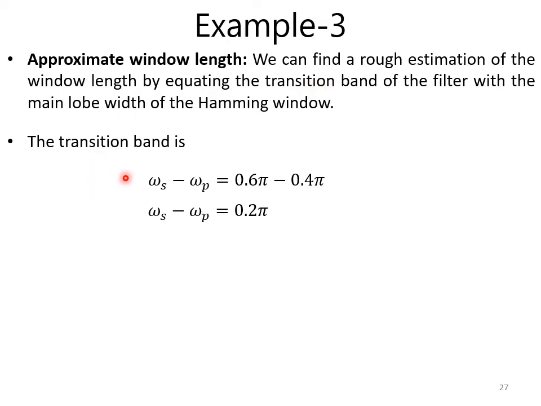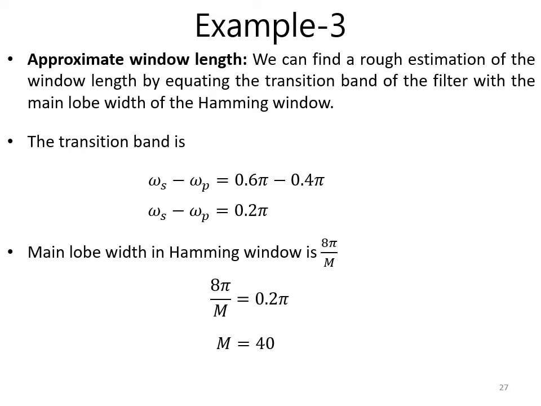The transition band is simply the difference between the stop band and the pass band. So the stop band is 0.6 pi and the pass band is 0.4 pi, so the transition band is equal to 0.2 pi. Comparing it with 8 pi upon M, M is equal to 40. The length of the filter is 41.